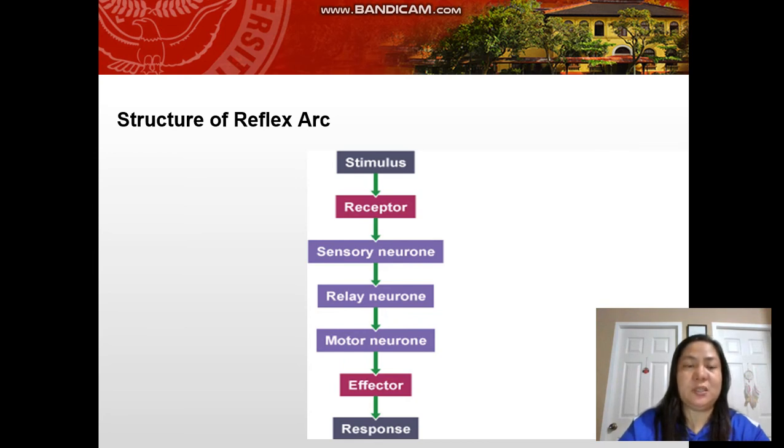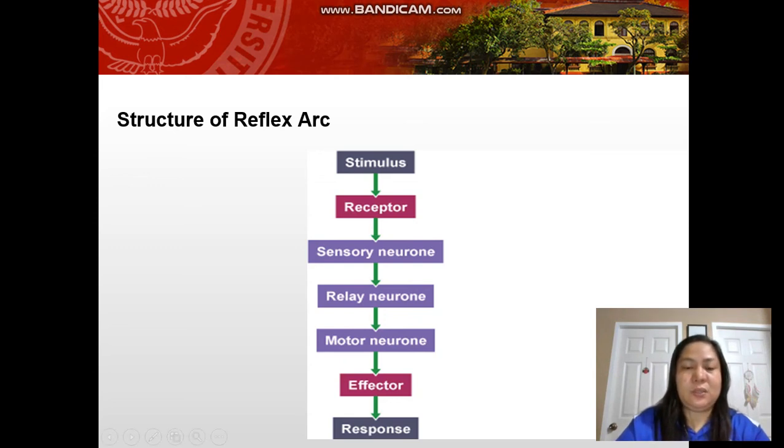As the name suggests, sensory neurons, also called afferent neurons, are specialized for receiving signals from sensory receptors in the body. Relay neurons, also called interneurons or connector neurons, transmit these signals to the appropriate places. And then, going to motor neurons, also called efferent neurons, are specialized for causing movement or other reactions.